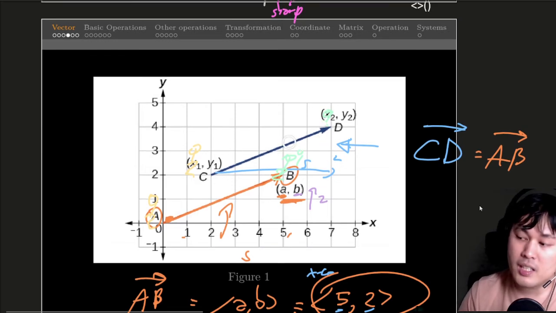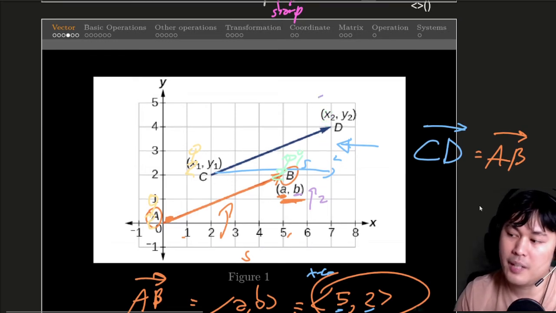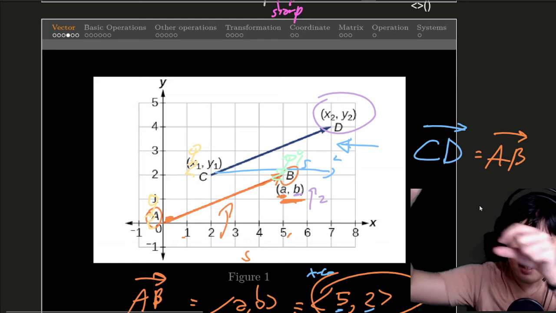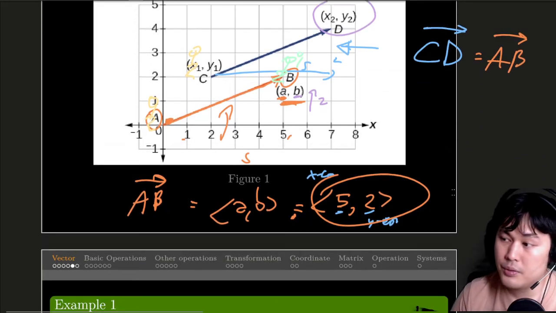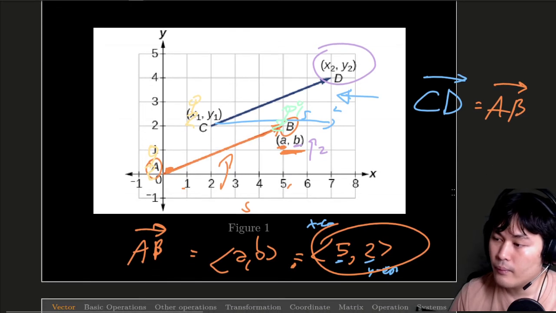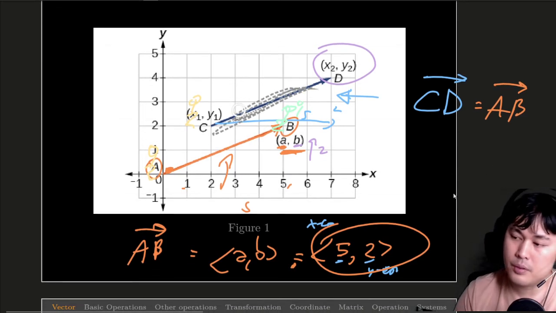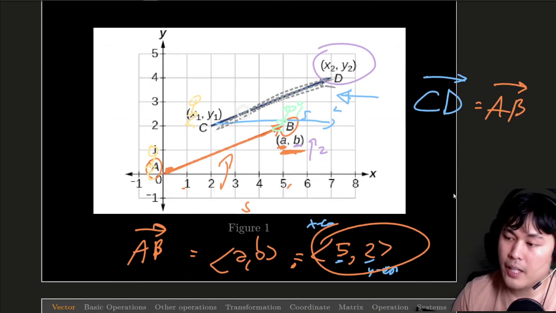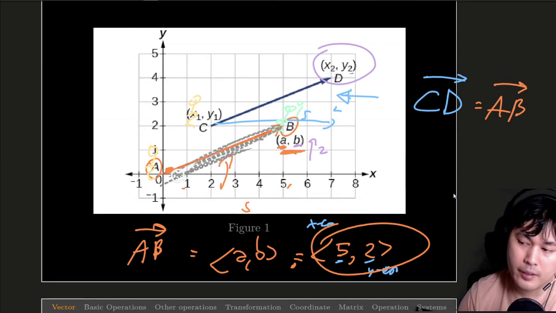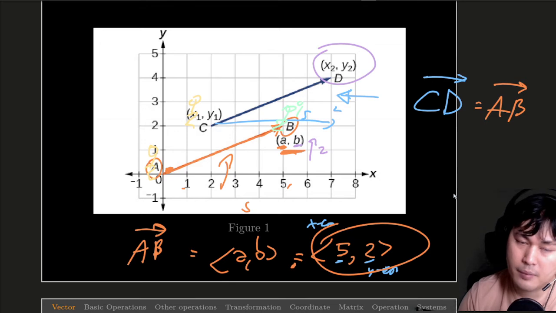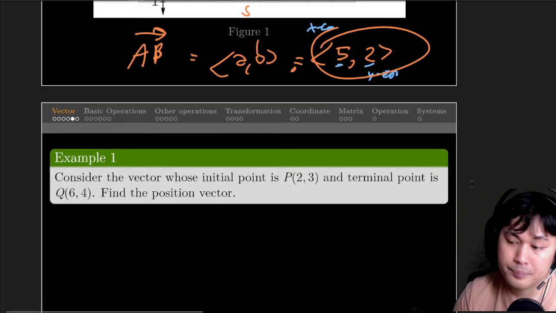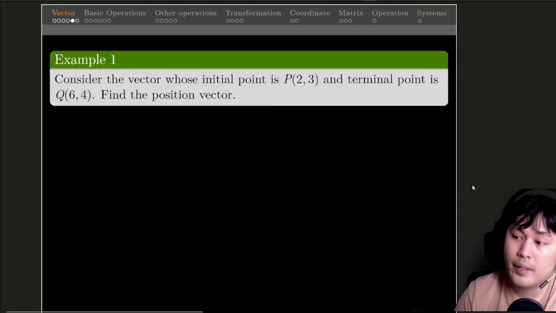But for the blue one, you cannot just use this endpoint because the endpoints can move around. So we need to have a way to explain this movement in terms of a vector, how many spaces to the right and how many spaces up. So we have an example here.